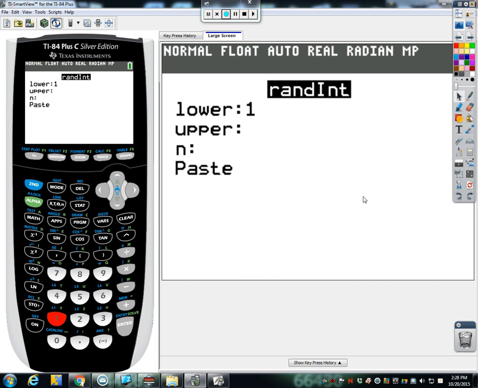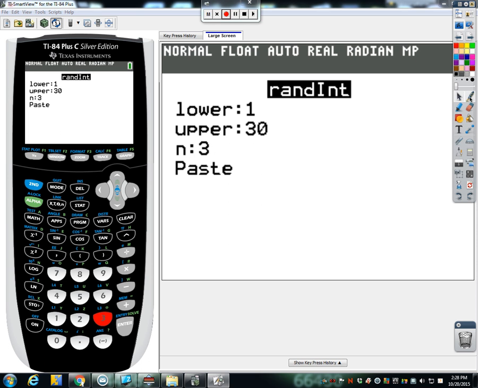So let's just say the smallest number we want is 1, up to, let's say we have a class of 30. All right, so we have 30 students. We're going to number them 1 to 30. And then the n represents how many random numbers do you want between 1 and 30. Let's say I want 3 students.